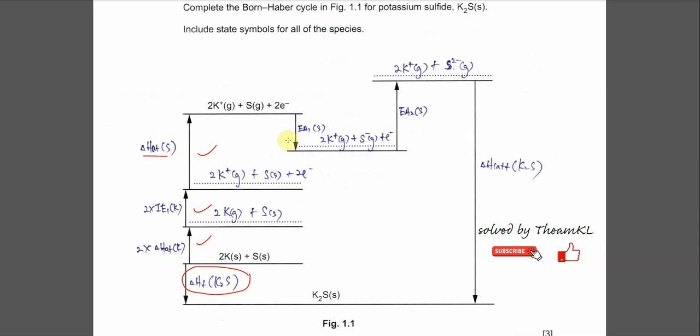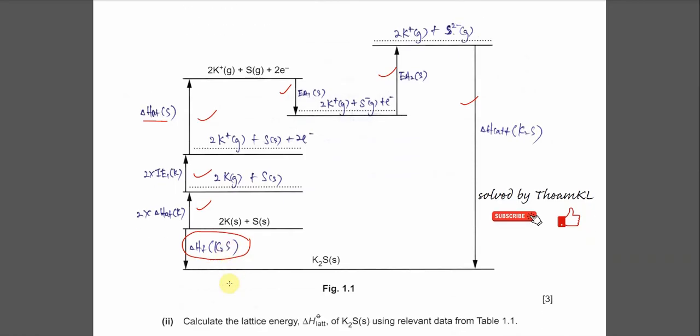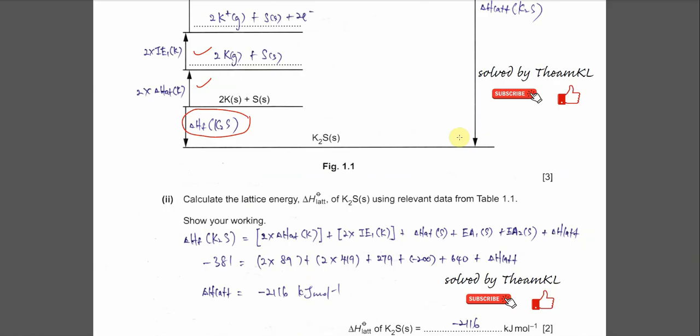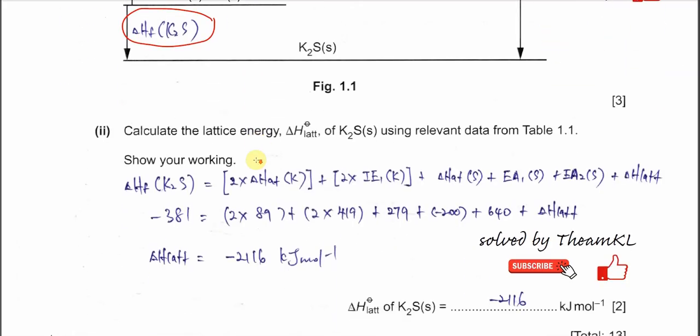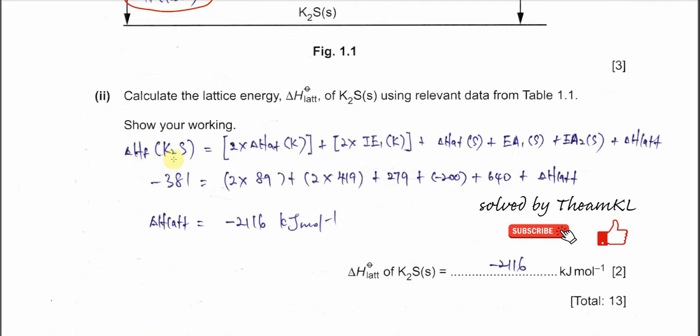When we sum up all these enthalpies, it's going to equal the formation of potassium sulfate, so we have this relation. So the formation of potassium sulfate is equal to all these enthalpies.